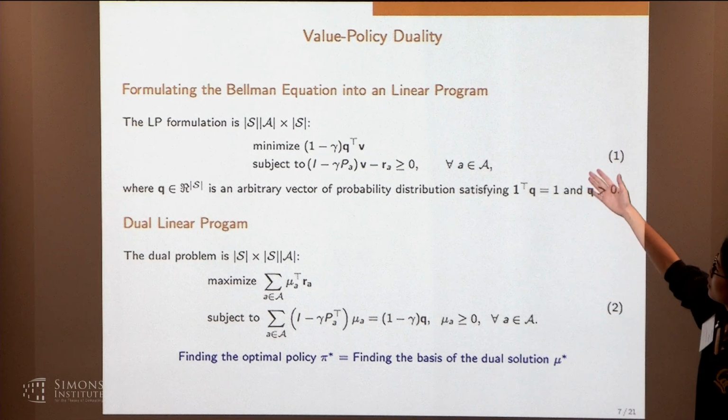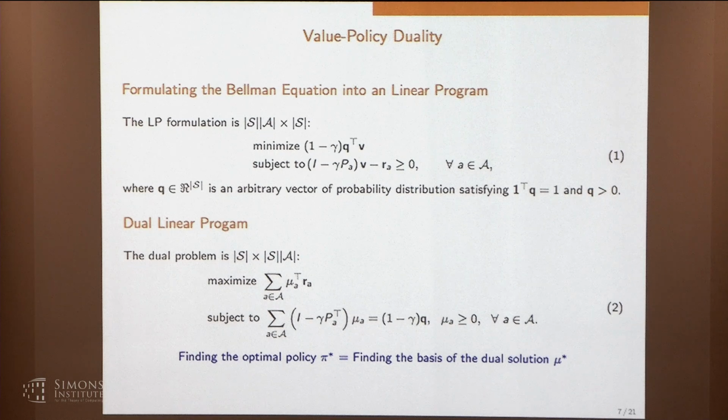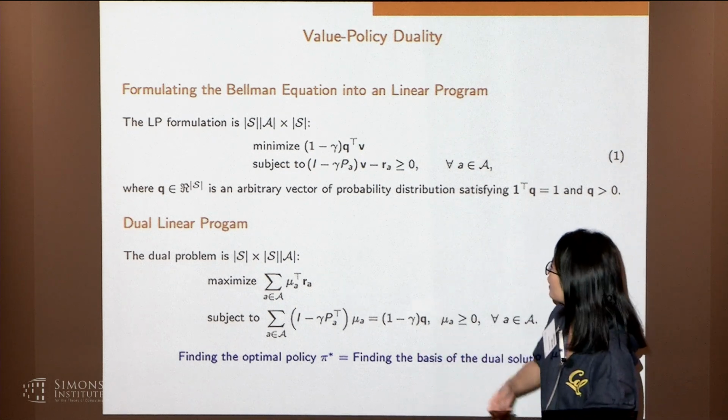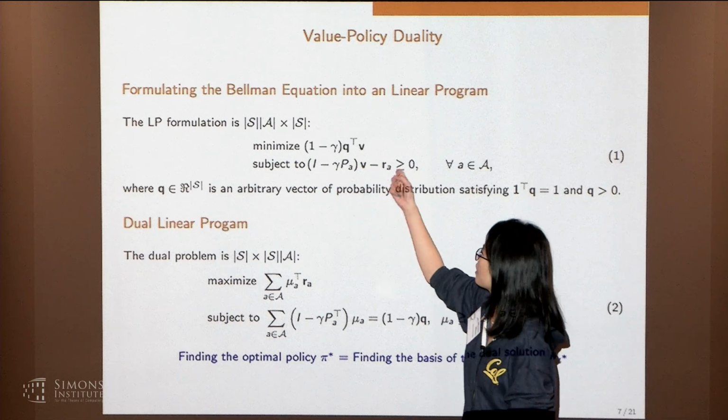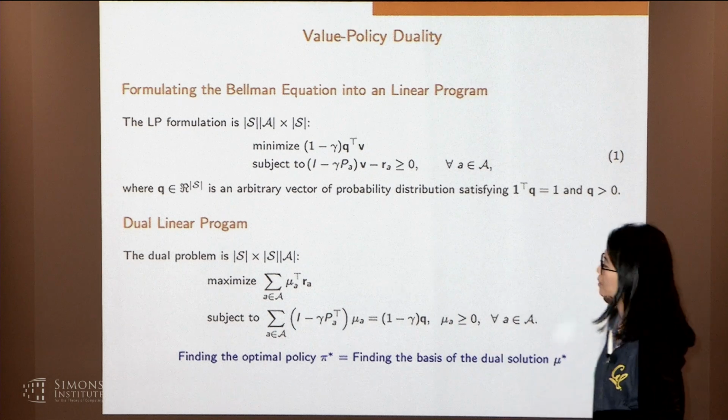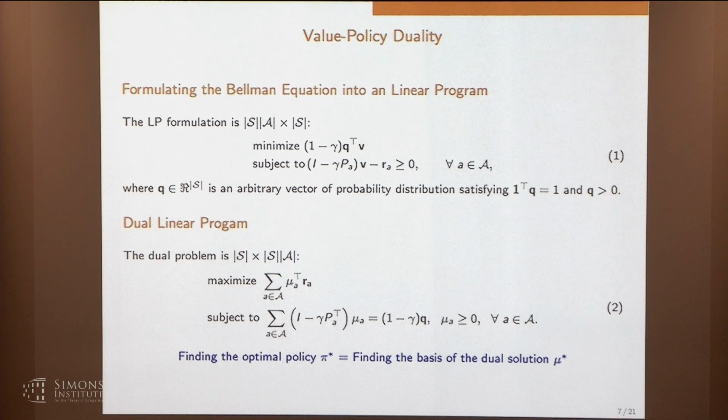The primal formulation for the Bellman equation is in the value vector. Basically, I want to find value vectors to satisfy my Bellman equation, and by satisfying the Bellman equation, I mean that I want some of those inequalities to be tight, equal to 0. Similarly, we can also derive the dual problem. The dual problem has a very nice physical interpretation.